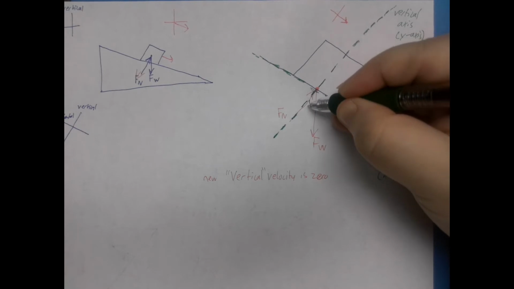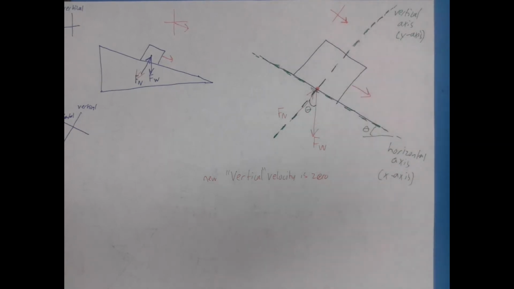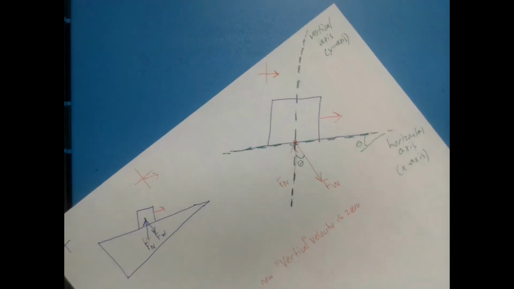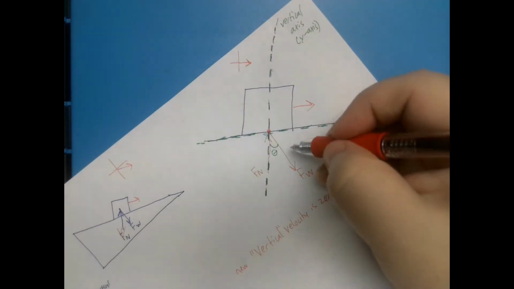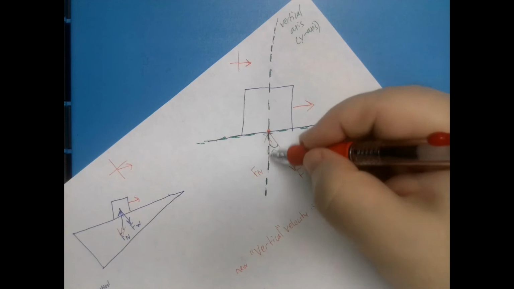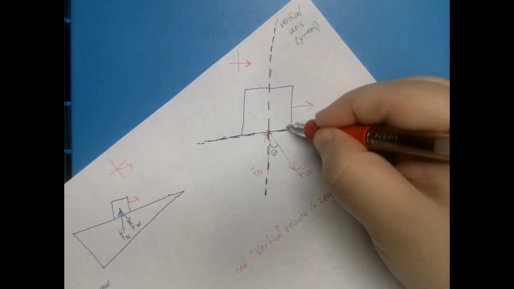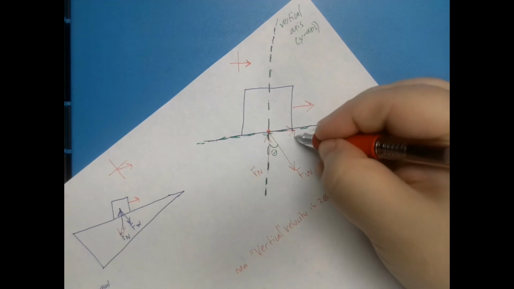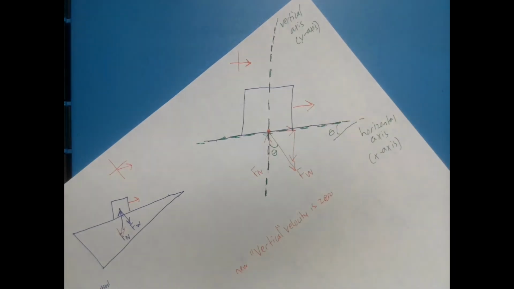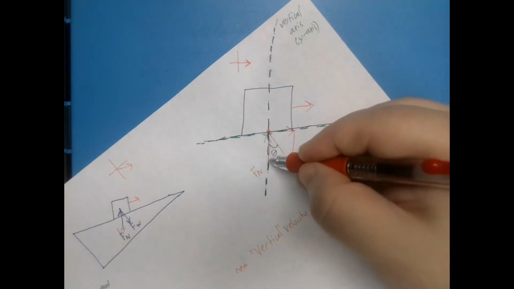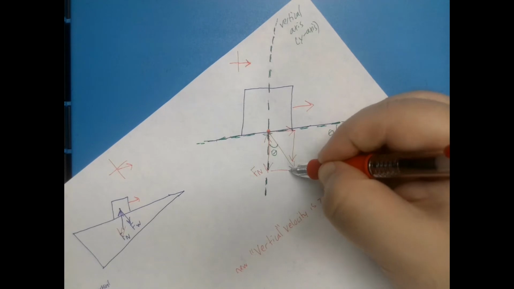This would also be theta. If I rotate it, we see that green is my new axis. This is going to have a right component and a down component, or drawing it equivalently, a down component and a right component right here.